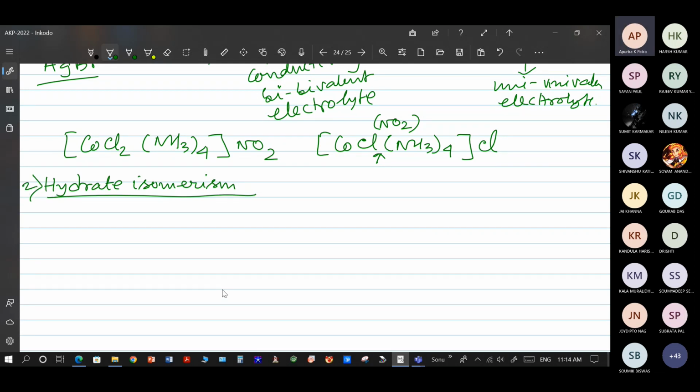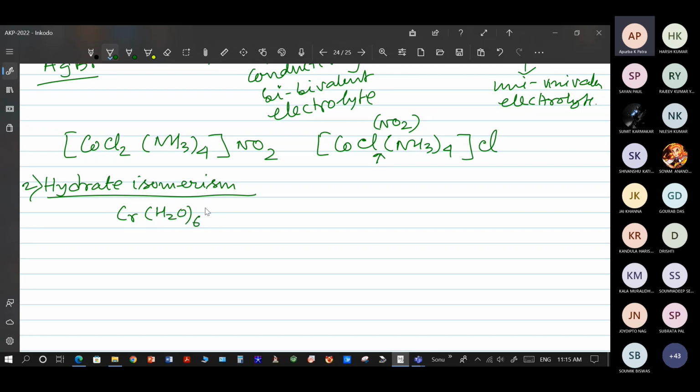This isomerism arises out of different dispositions of the water molecule, within the first sphere of attraction or outside the coordination zone. So there will be variations of aqua ligation, either toward the metal or outside the coordination zone.